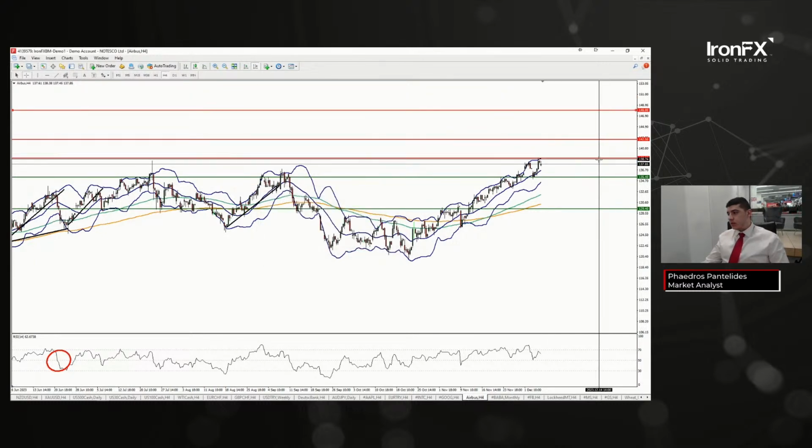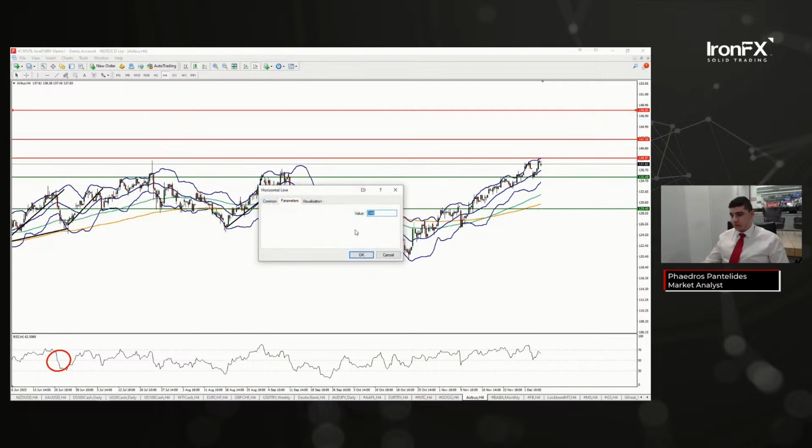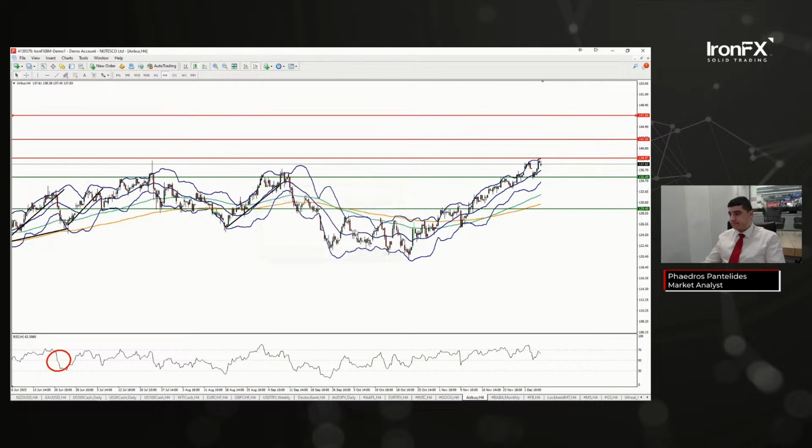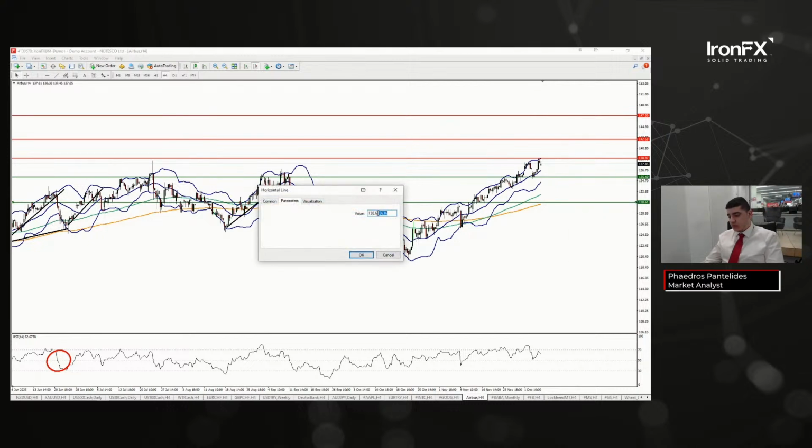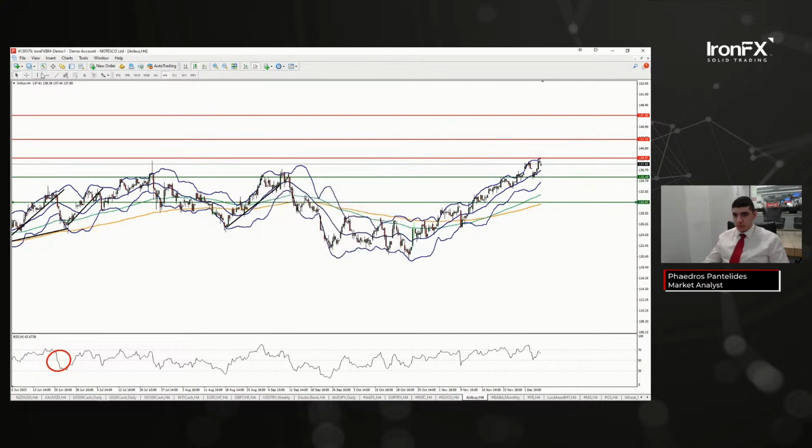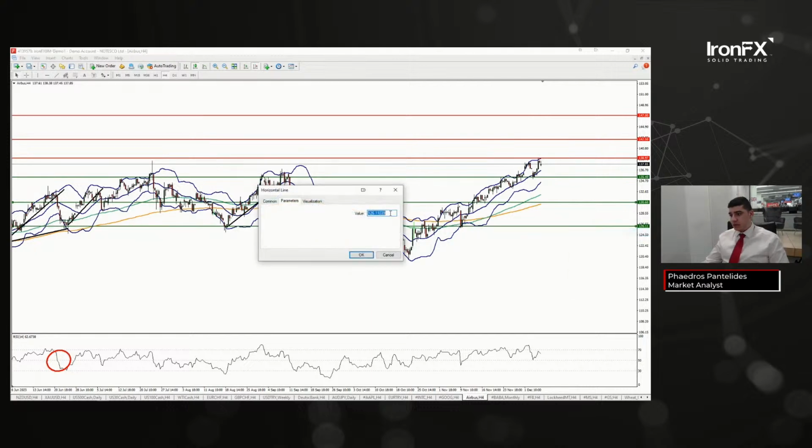Let's measure the distance. 376. 147 might be better. So you have R1, R2, R3. 130.60 could be S2. And then 126.10. This is for Airbus.